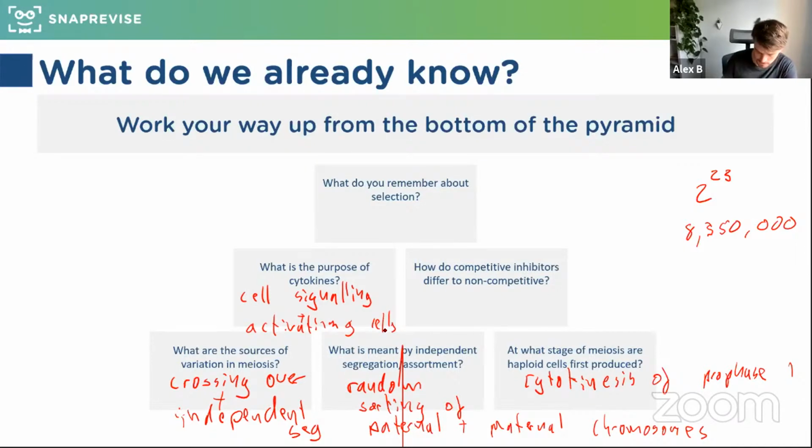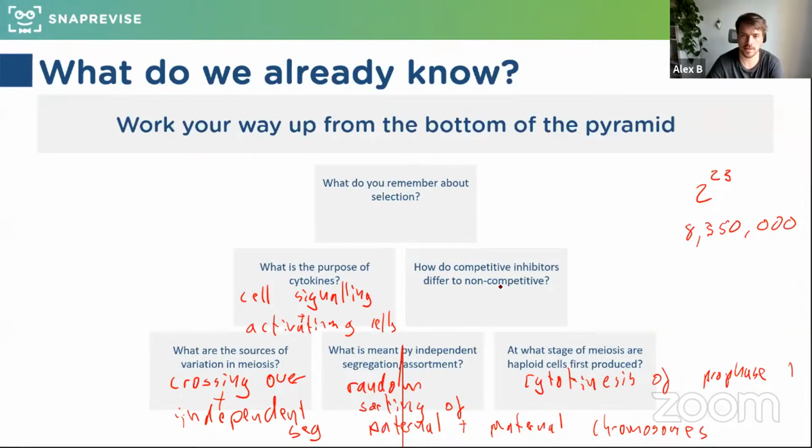Okay, now throwback to enzymes. So how do competitive inhibitors differ to non-competitive? Yeah, nice.